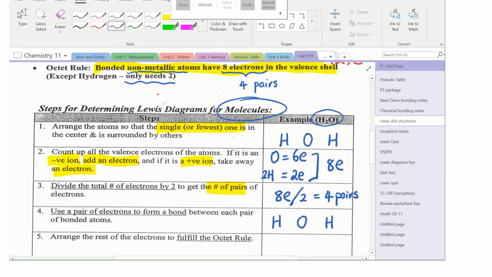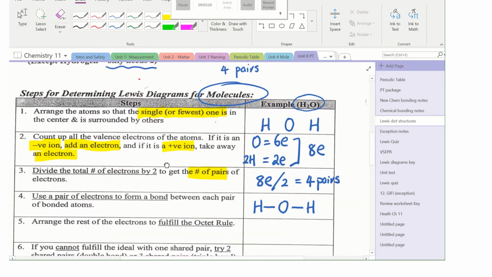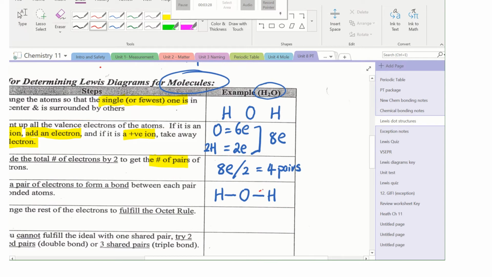We just think of it as using sticks to join these atoms together. We need one stick to join 2 of them together, and another stick to join the other 2 together. That's how they bond, by sharing a pair of electrons. Remember, from last lecture, we talked about these lines.